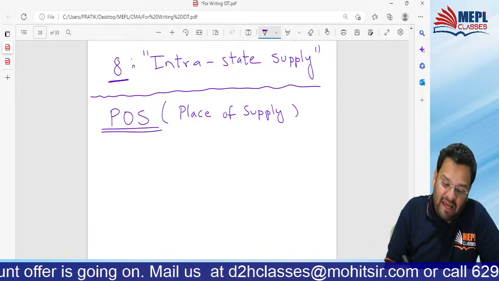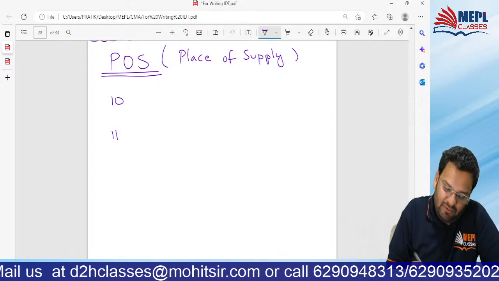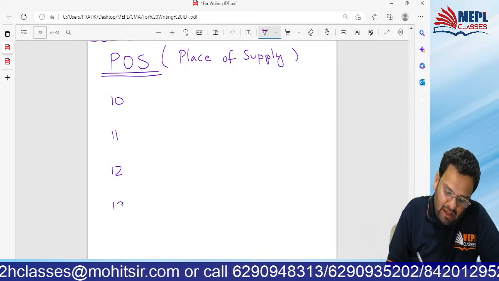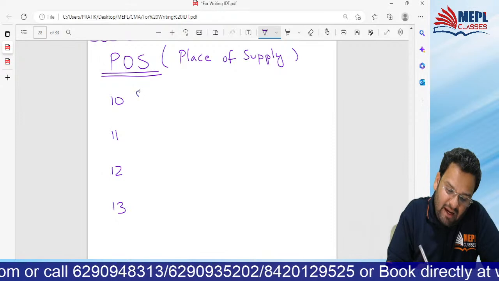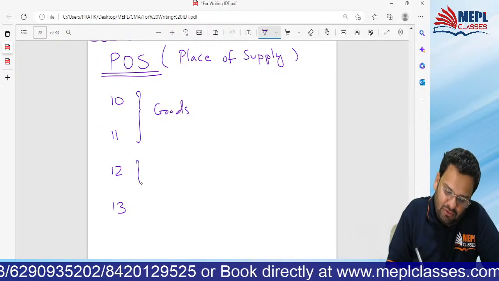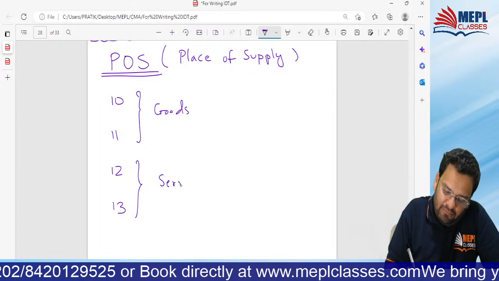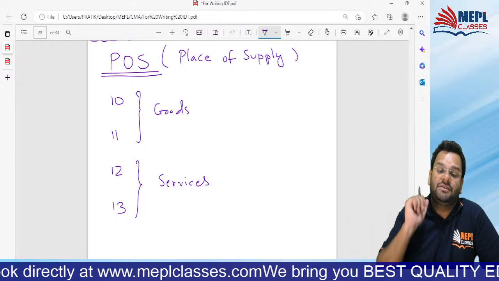Place of supply. Section 10, 11, 12 and 13. 10 and 11 are for goods, place of supply of goods. 12 and 13 is for place of supply of services.